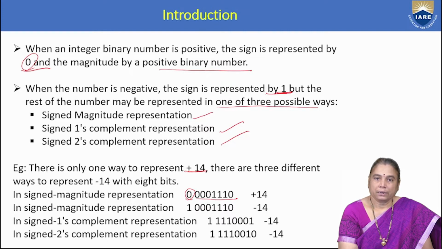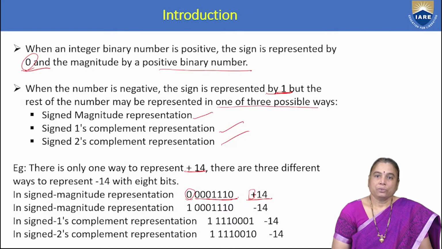If it contains 0, then the number is positive. So to represent plus 14, we put a 0 in the MSB, representing the sign of the number, and the magnitude is the equivalent binary number of 14. This is the way to represent the positive integer value.